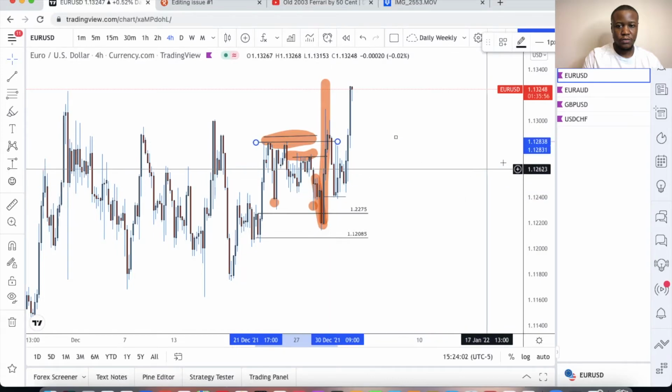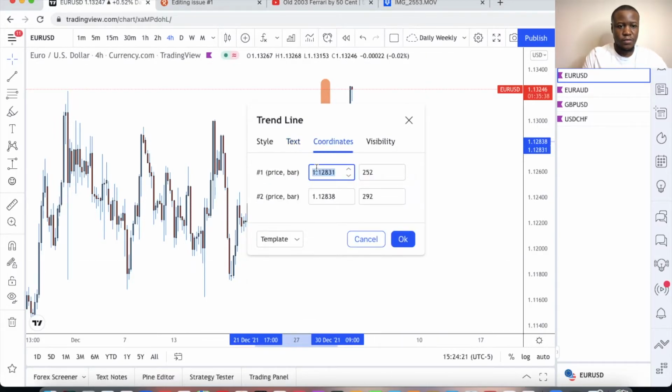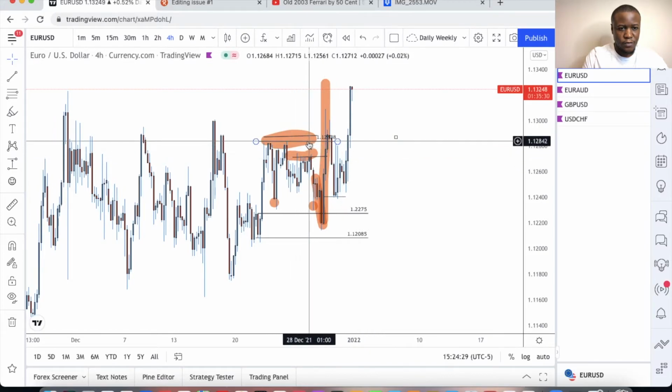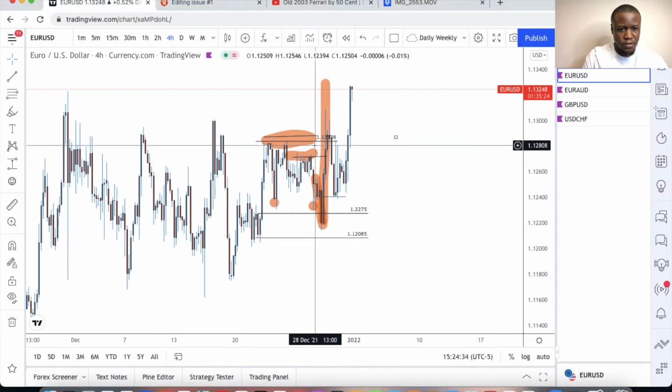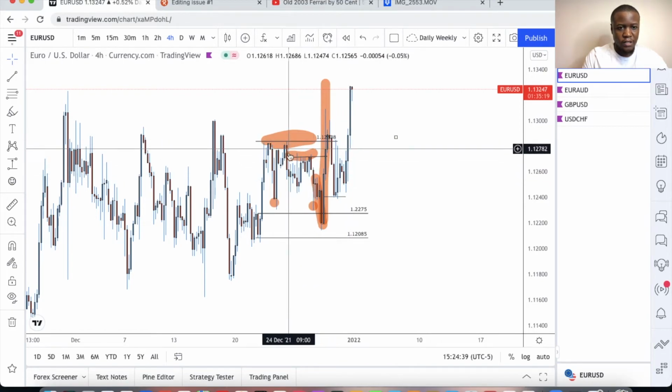This level is 1.2838. All right. Because you want the high of this candle right here, right?